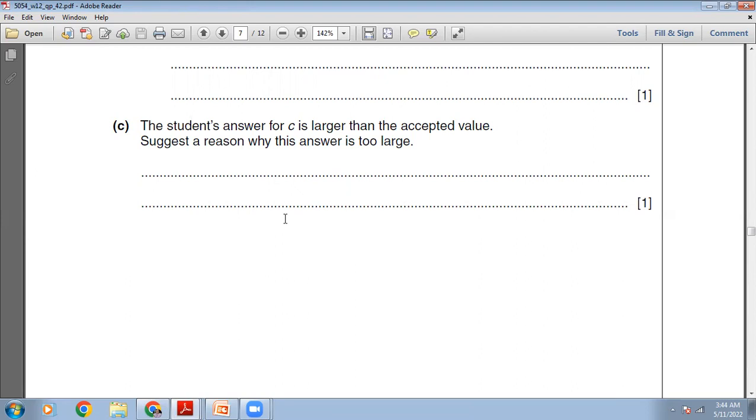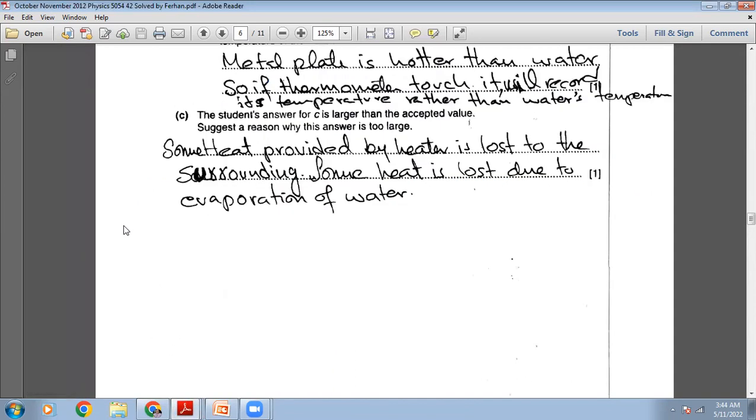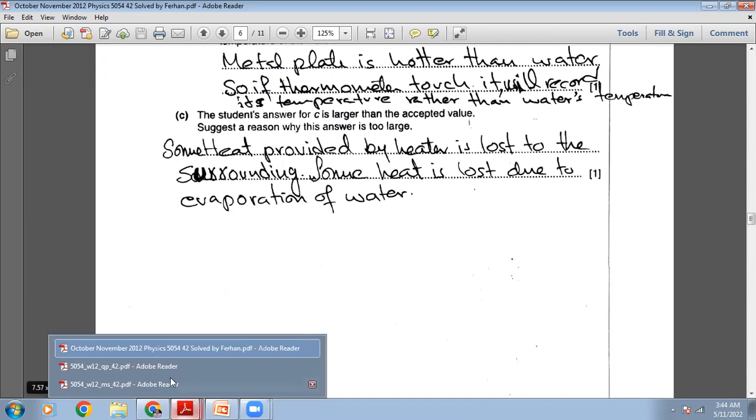So our answer for C is larger, but the real answer will be smaller. Some heat is lost to the surroundings and some due to evaporation, which we did not account for. That's why our answer for C is a little larger than the real value.